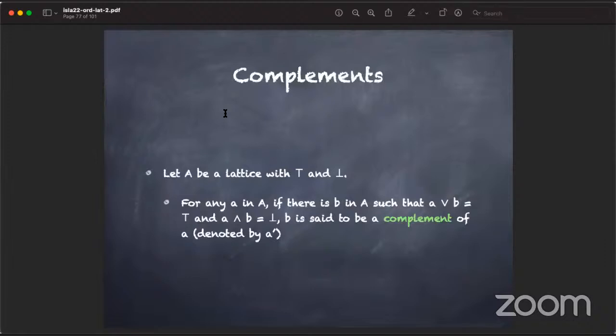Which means there is an element which, when we join with A, gives us top, and when we meet with A, gives us bottom. If for a given A there is an element B which satisfies these equations, then we say that element is a complement.